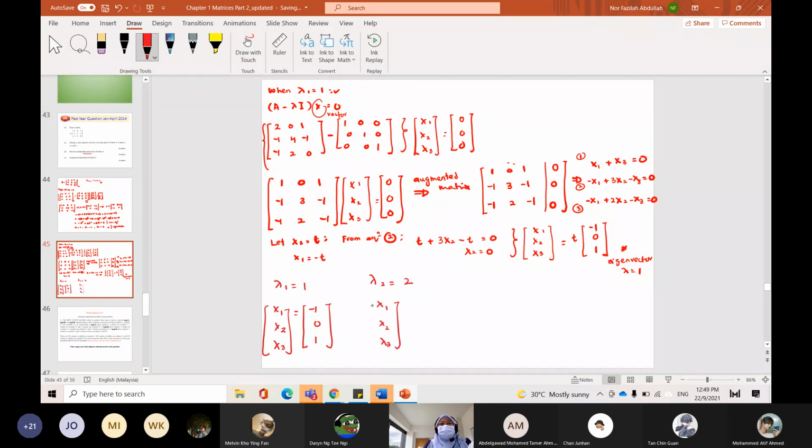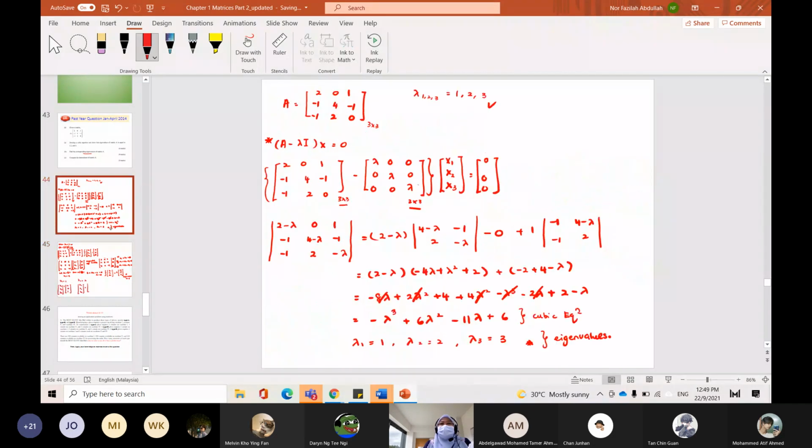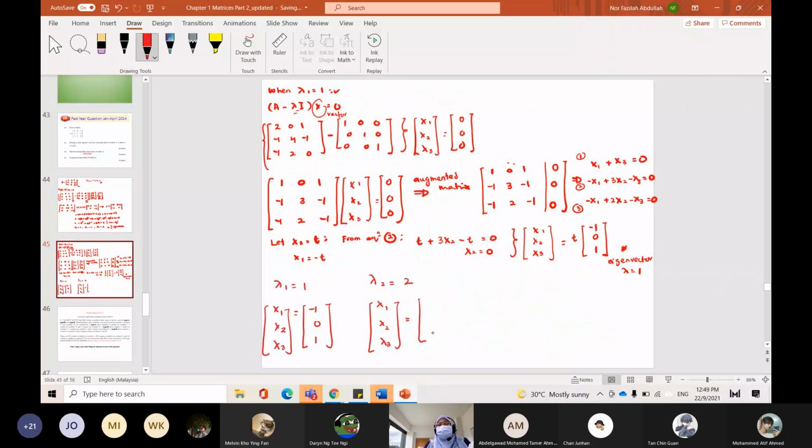When your lambda 2 equal to 2, your x1, x2, x3 will be equal to, you may do the same steps, but now change this lambda value. Because the eigenvalues we have are lambda 2 equal to 2 and lambda 3 equal to 3, you may need to have 3 eigenvectors.